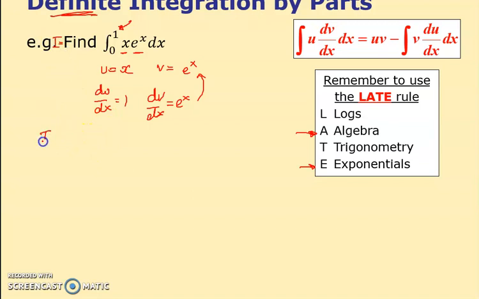So therefore my integral is uv, now uv is x e to the x, minus the integral of v du by dx. That's just e to the x dx. But this is great because the answer to this is x e to the x. If I integrate e to the x, I get e to the x.